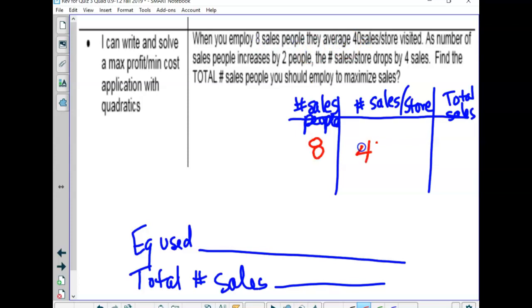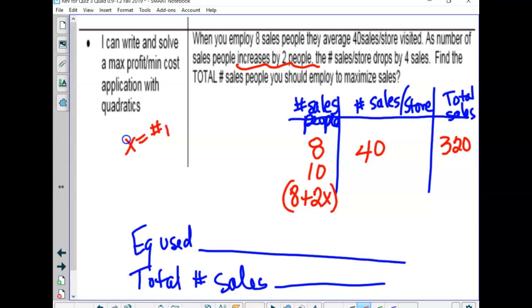They average 40 sales per store, which would be 320. As the number of people increases by 2 people, so this would go to 10, or 8 plus what, guys? It's going up by 2's, so it would be 8 plus 2x, where x is the number of increases.